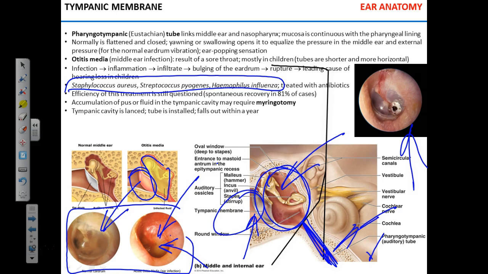The necessity of antibiotics is questionable because in some studies up to 81% of cases of otitis media recover by themselves without antibiotics. I read a study in which doctors show, it's all studies, you have to understand, it's maybe hundreds or thousands of kids, but they demonstrated that antibiotics do improve clinical outcomes. They had certain criteria. 14% better.